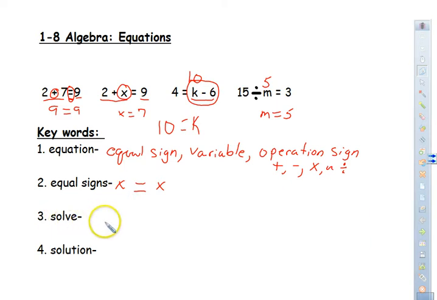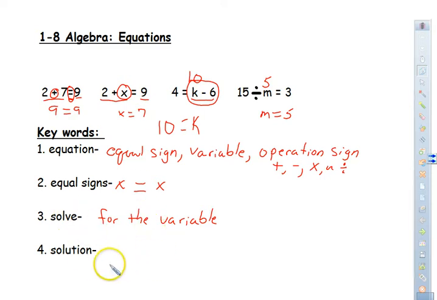Solve, what does that word mean? It's simply asking you to get a solution for the variable. So when you see the word solve, you're solving for the variable. And a solution, if you see that, it says find the solution to the equation.